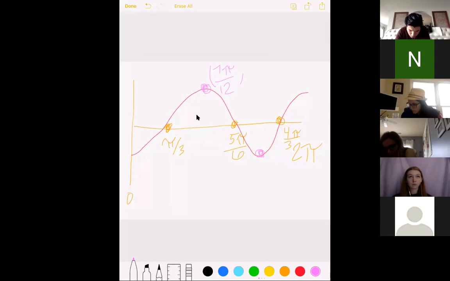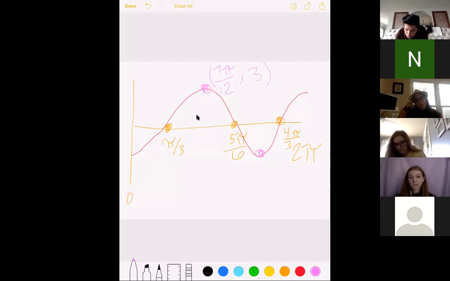You can plug it in for x, but I will say that takes more time, because since it's a maximum, it's going to be the amplitude since there wasn't a vertical shift. So we just know that it's 3. And this one would be 13 pi over 12, comma negative 3.